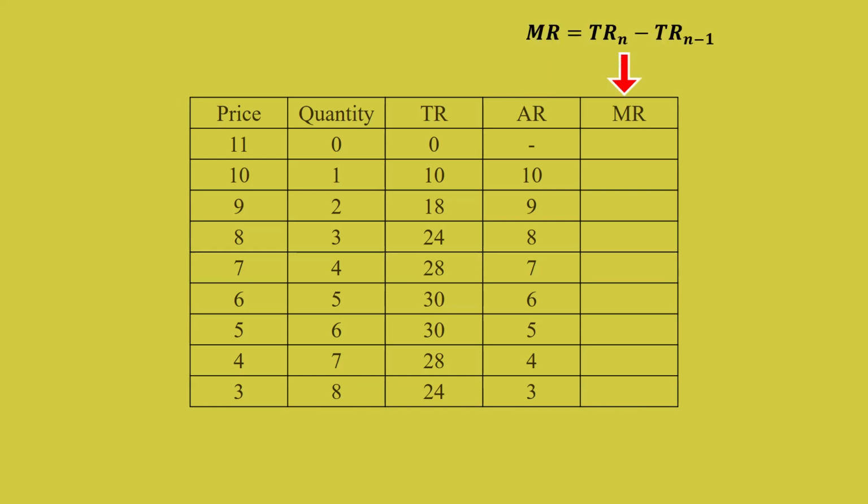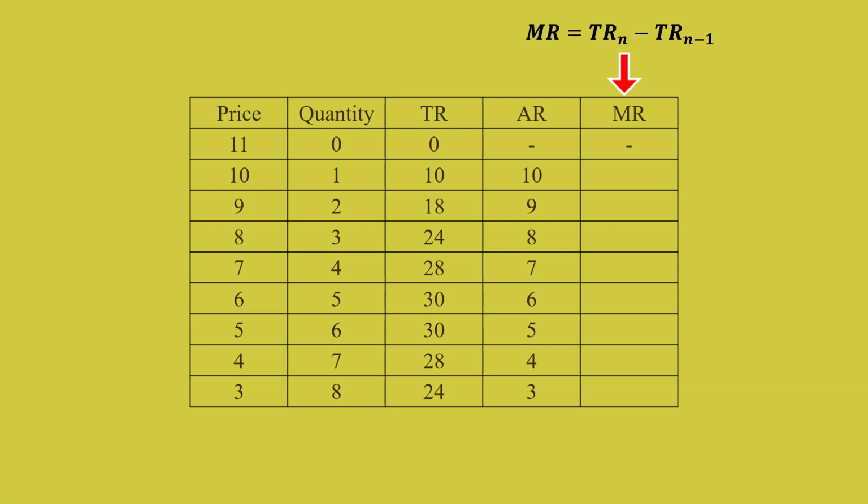Marginal revenue is present total revenue, that is total revenue of n units, minus previous total revenue, that is total revenue of n minus 1 units. Marginal revenue for 0 quantity cannot be calculated. So, here also we put a dash mark. Let us calculate marginal revenue for the first unit.